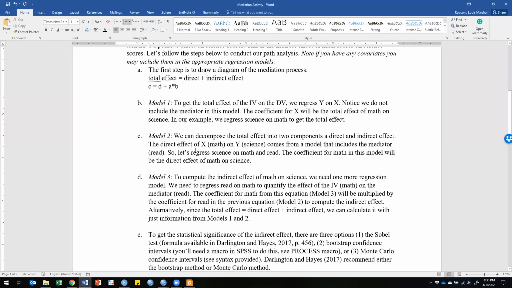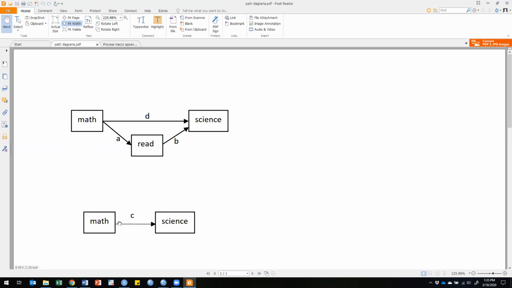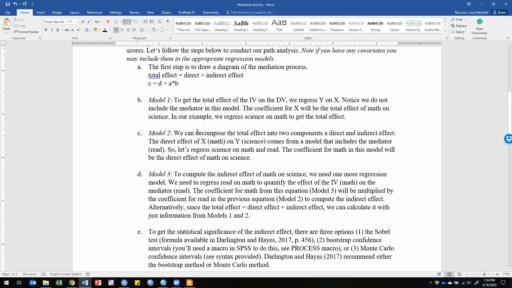So let's go back and estimate model 1. To get the total effect, this effect here, C, of math achievement on science achievement, we basically just regress our dependent variable on our independent variable. We always regress your dependent variable on your independent variable.